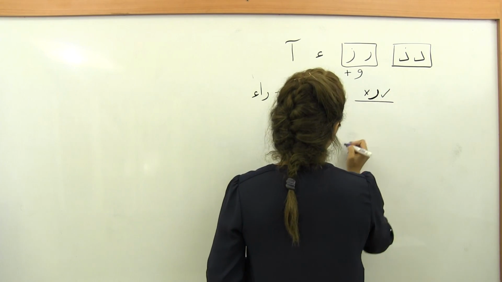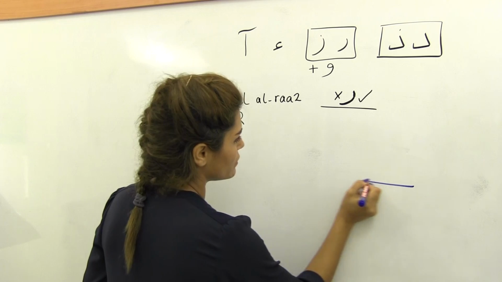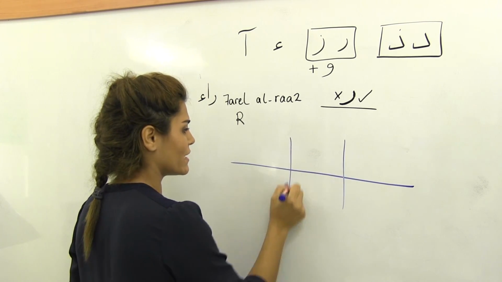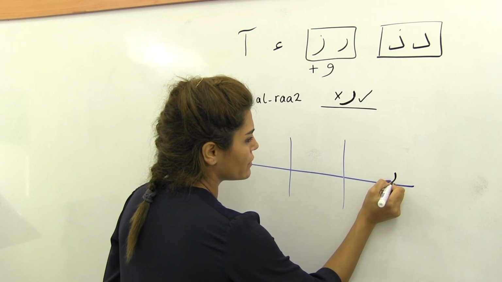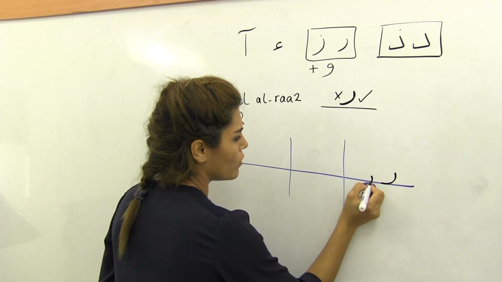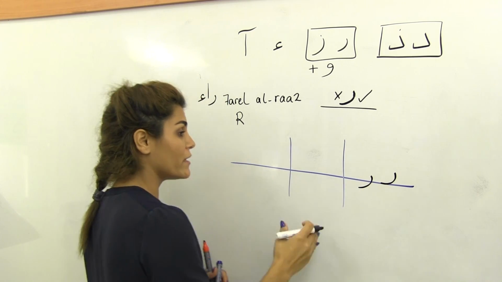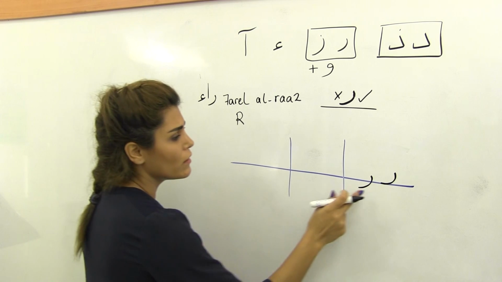So حرف الراء, if we are going to pronounce it, it sounds exactly like R, and some people like to write it on the top of the whole thing on the line, or you can just do it like the waw, which I explained when I introduced waw.